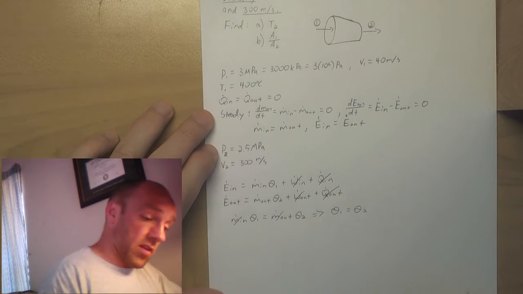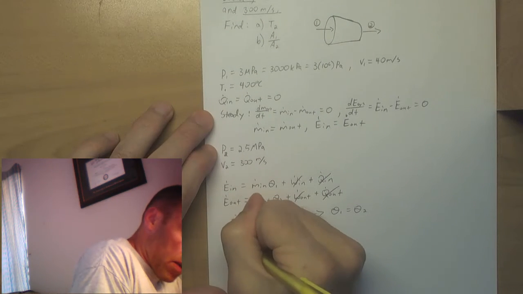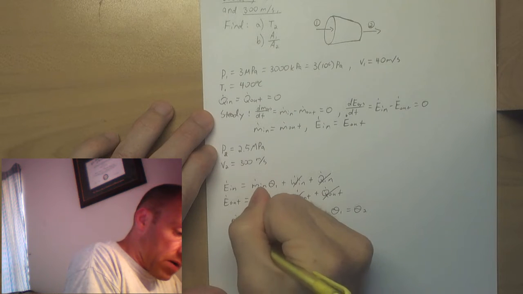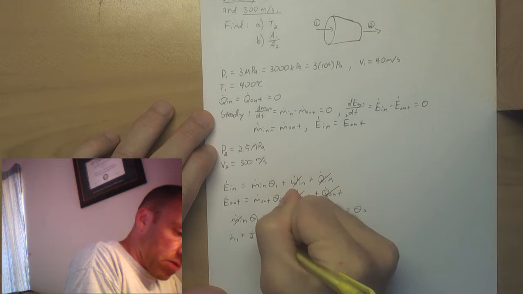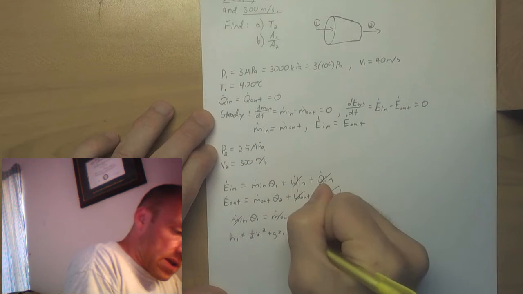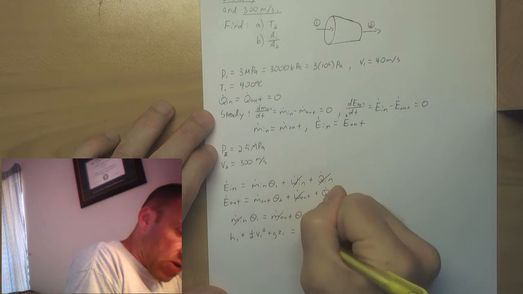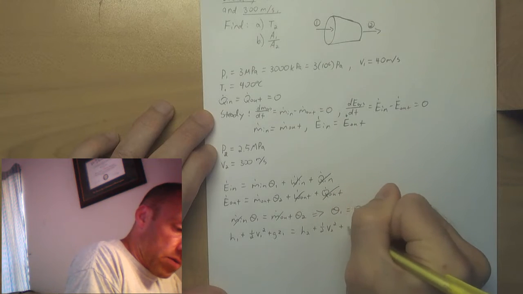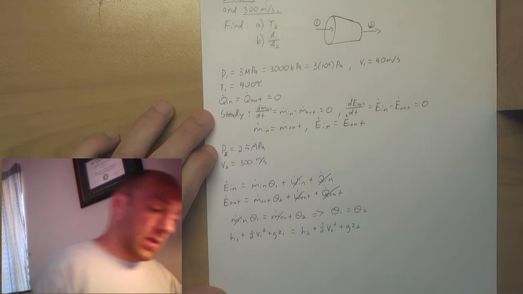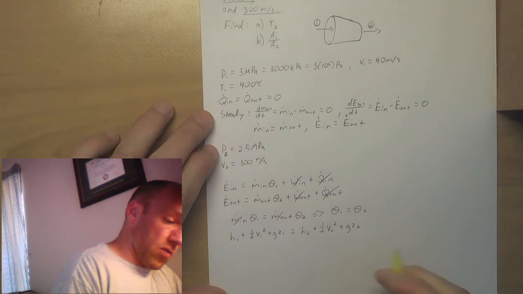All right, so now let's expand that. Theta 1 is the enthalpy at 1 plus 1/2 V1 squared plus g Z1 equals H2 plus 1/2 V2 squared plus g Z2. Now let's rearrange this a little bit.